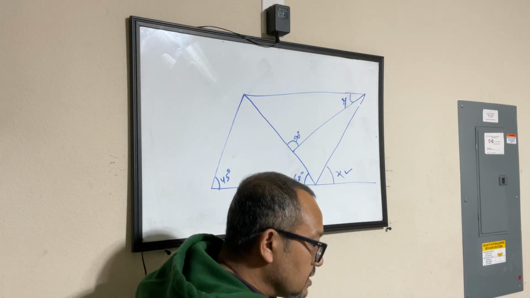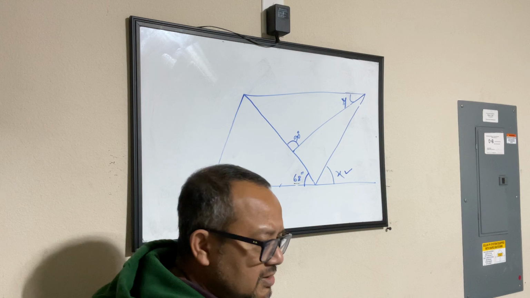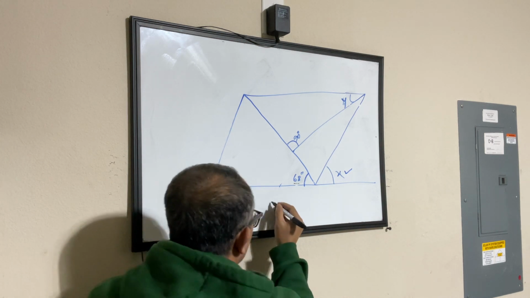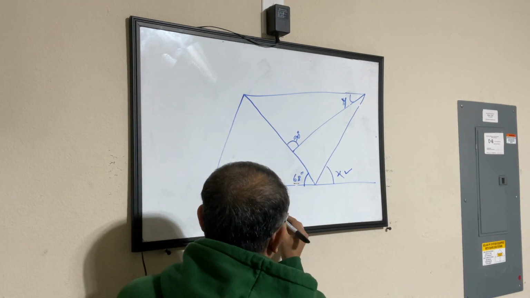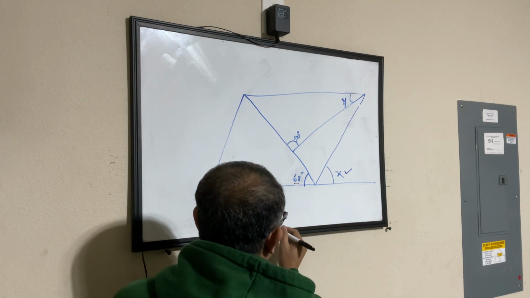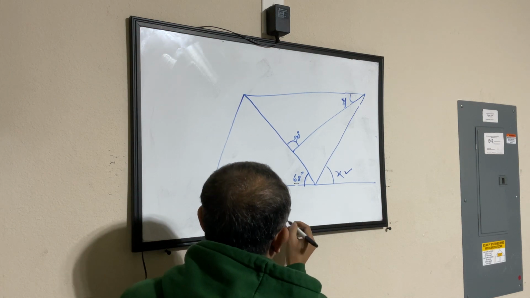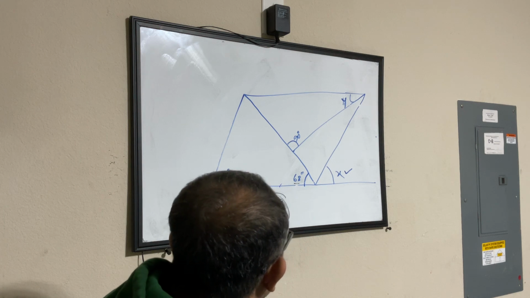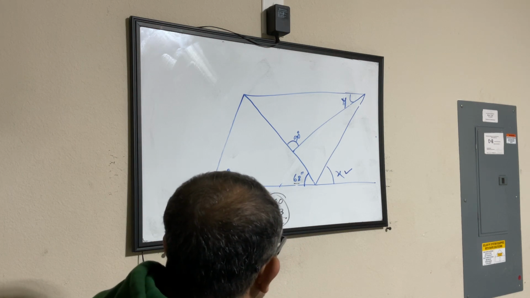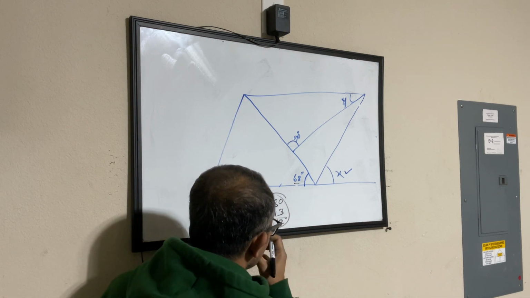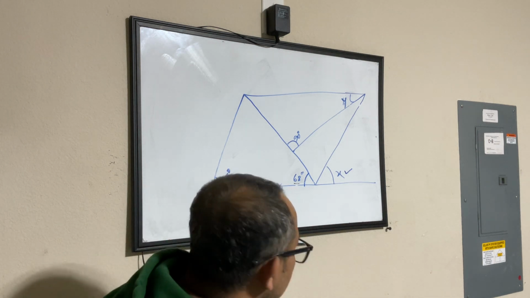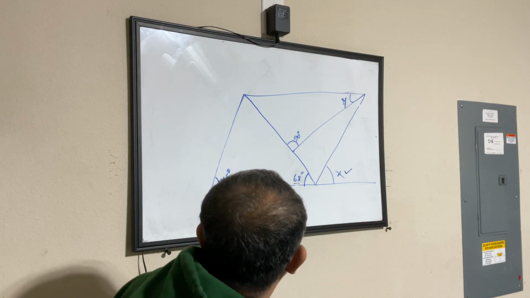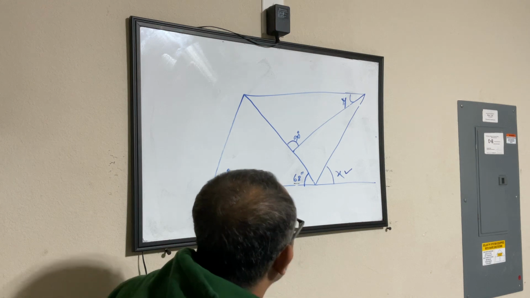I subtracted 180 by 105, which gave me 75, and then I did 60. I guess that's what I thought it was. The upper one that got 70, this one?